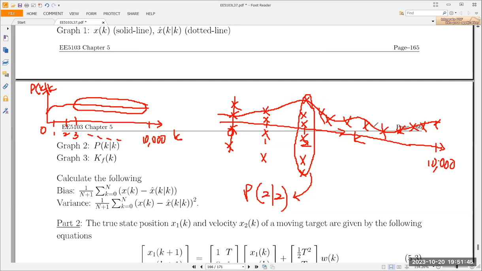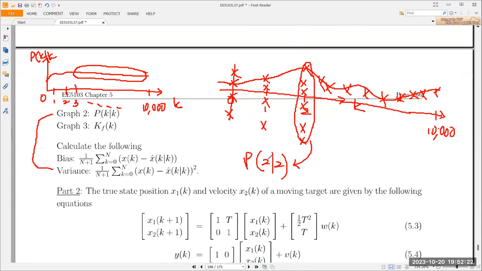You find this average, it will be equal to this average, after reaching steady state. So that's why at steady state, we should find that these two are the same. All right. At steady state, you find P3030 will be the same as you find this for the sum over k equal to 0 to 10,000. Okay. So that is part 1.